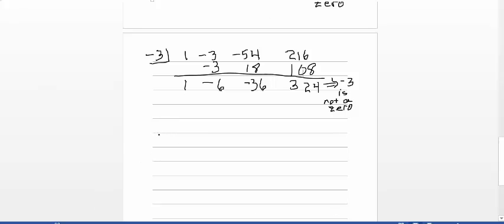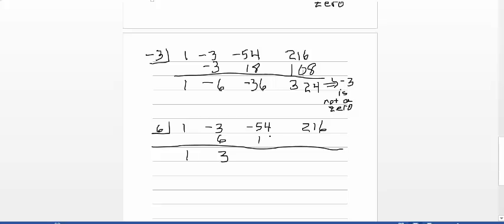Let's try 6. Let's write down the coefficients and let's repeat the process. And I see that I do get a remainder of 0, so 6 is a 0 of the polynomial.